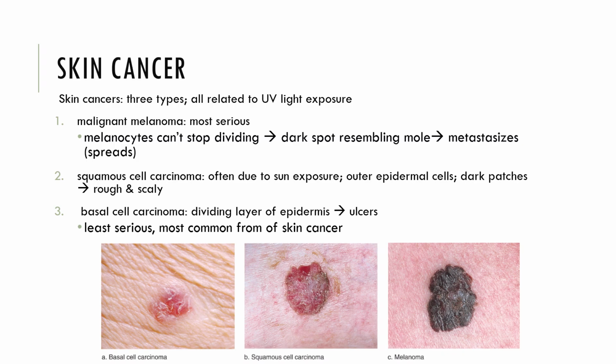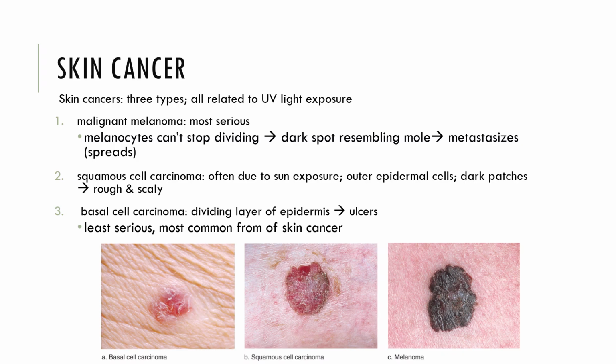Again, all three of these skin cancer types begin with a mutation in the skin cells, a mutation in the DNA, and are linked to UV exposure. The most dangerous form of skin cancer is malignant melanoma. This is also the most serious.